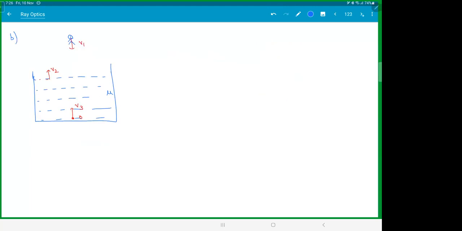Now find it. Same question. Now all are moving. Liquid level is moving, object is moving, observer is moving. Find velocity of object as seen by observer.